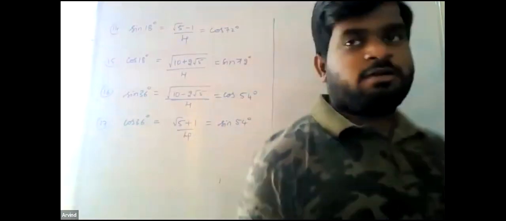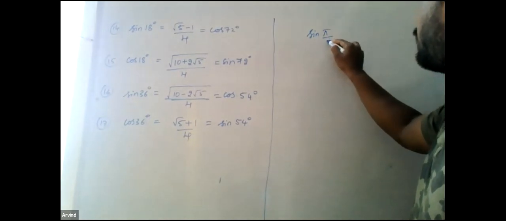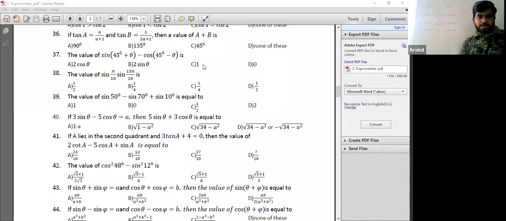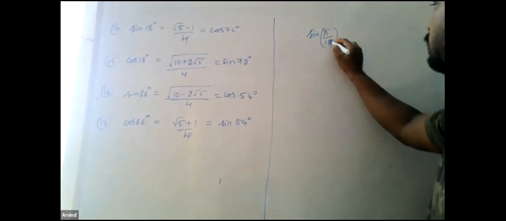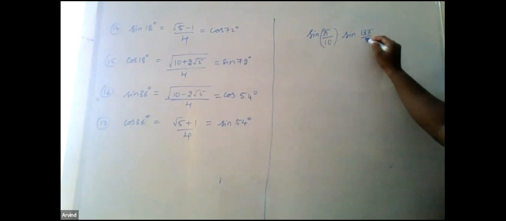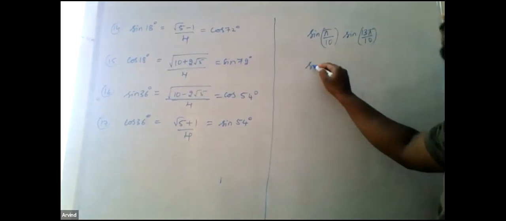So the question is, find the value of sin pi by 10 into sin 13 pi by 10. Let me convert it into degrees.